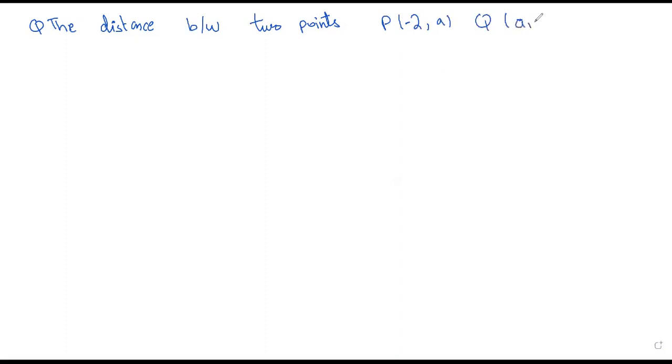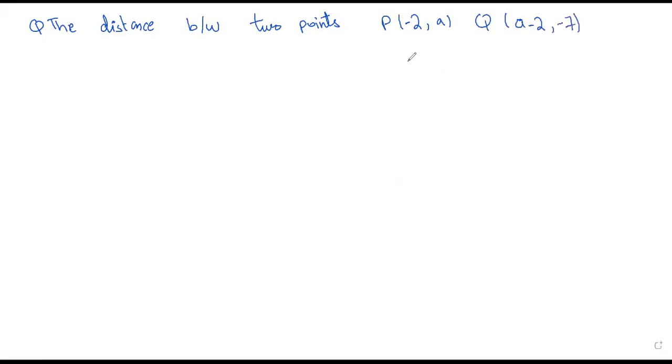I have a question for you people, and I want you to do it and tell me whatever you're getting as your answer. So the question is, the distance between two points P (A, -2) and Q (A, -7).